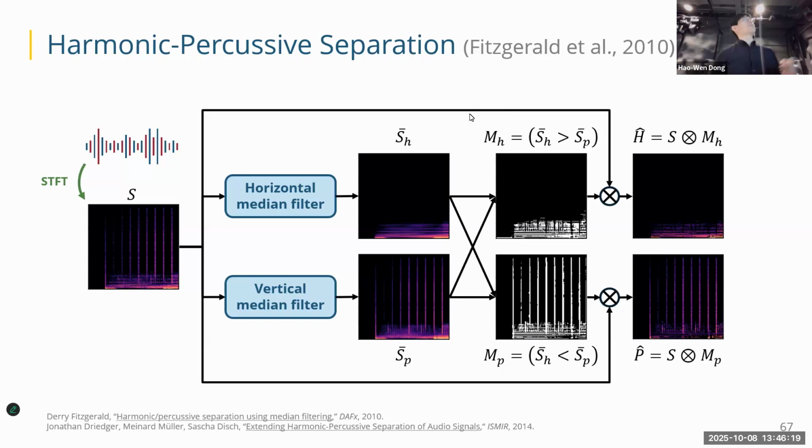Once you get the spectrogram, you just apply a horizontal median filter and it will remove all the vertical lines. And you apply a vertical median filter, it will enhance the vertical lines and blur the horizontal stripes. Once you compare these two, you will get a mask. And after applying the mask, you get some basic harmonic percussive separation. So this is like 2010, which is way before deep learning.